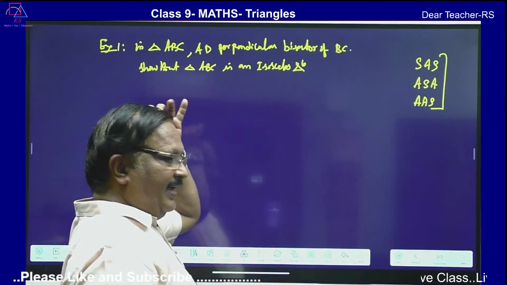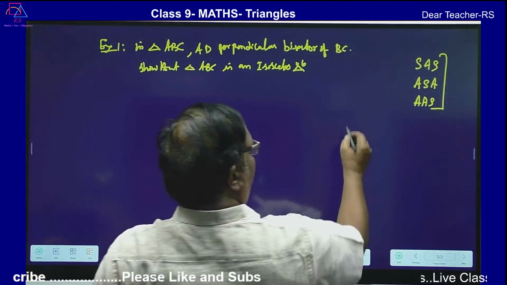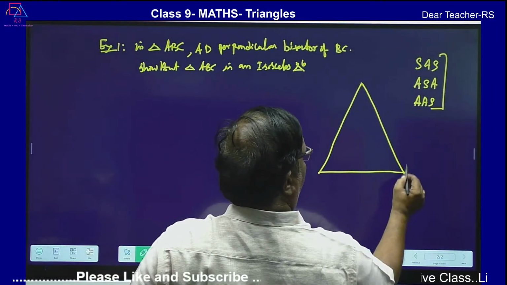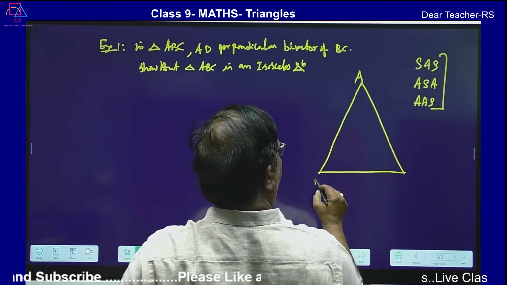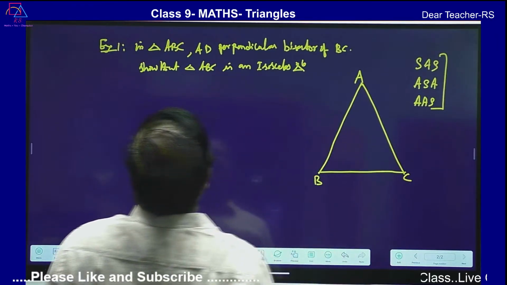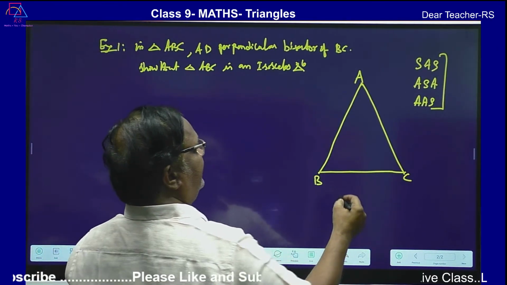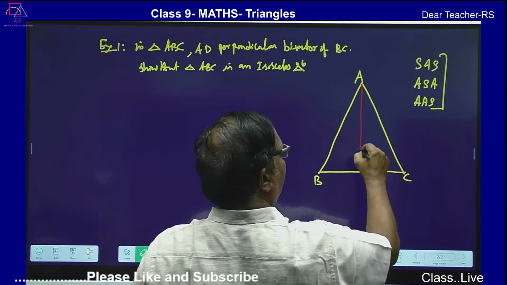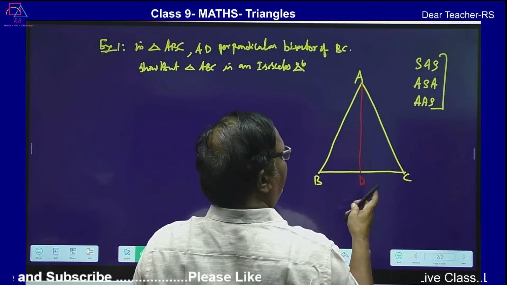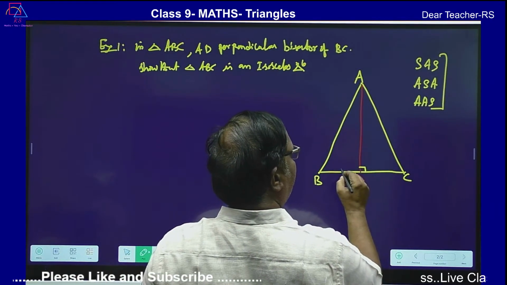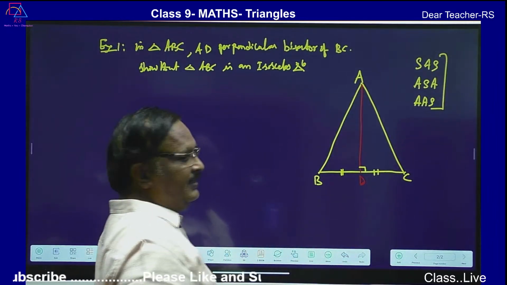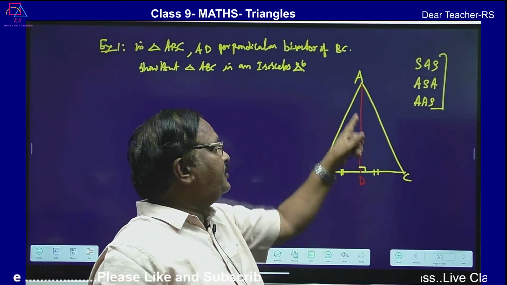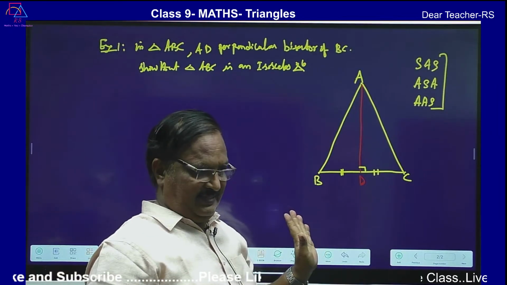Let us draw the diagram. ABC is the triangle and AD is the perpendicular bisector. That means you have to draw an AD, which is perpendicular and also a bisector. This AD is perpendicular to BC and also AD is bisecting BC.